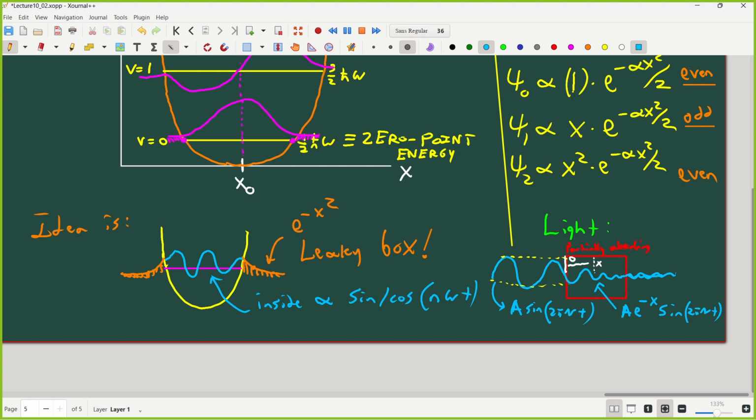Because these systems, these harmonic oscillators, are still waves. They still have wave-like behavior. They oscillate like waves. And when you put them up against a leaky exit, a partially transmittable material, they can leak through the box, and you can find them outside of the box with an exponentially decreasing probability. Just like a wave. There's a term for this.